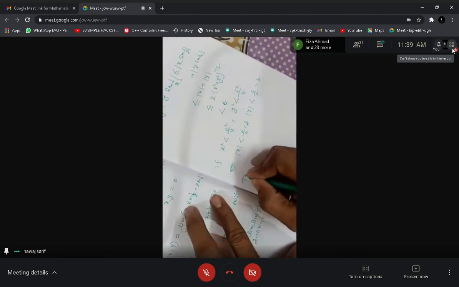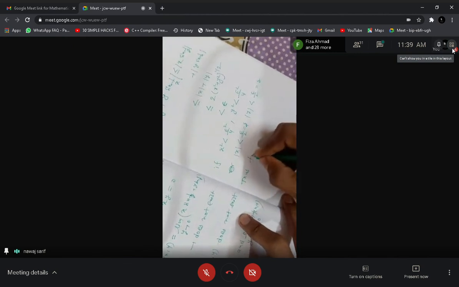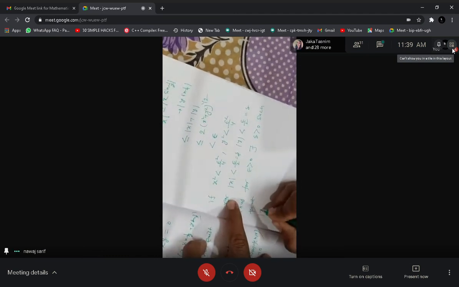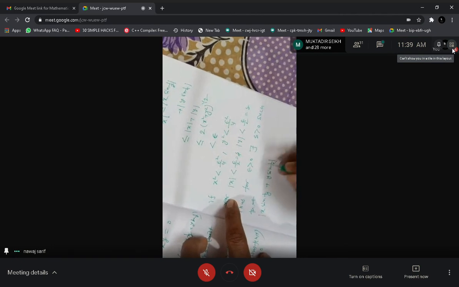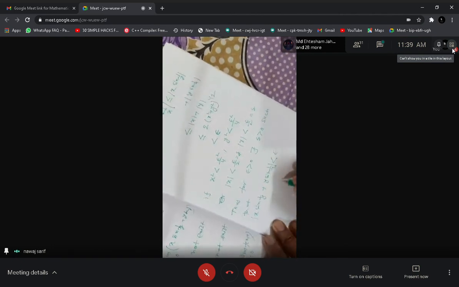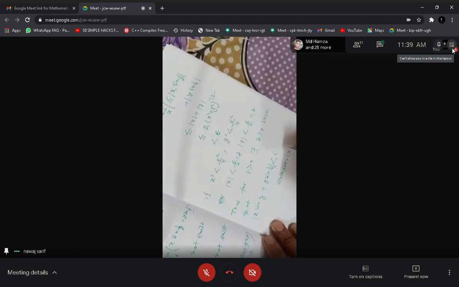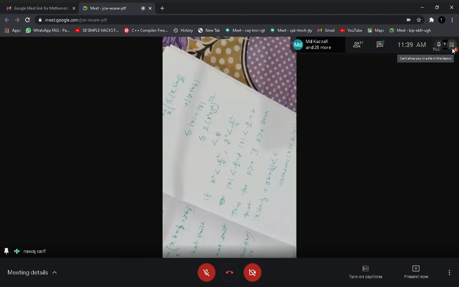Thus for epsilon greater than 0, there exists delta greater than 0 such that mod of x sine 1 by y plus y sine 1 by x is less than epsilon whenever mod of x is less than delta and mod of y is less than delta.